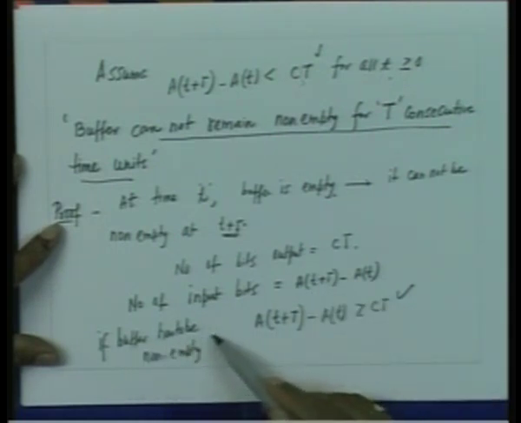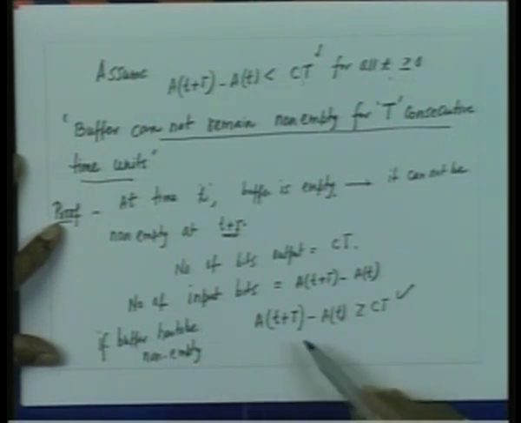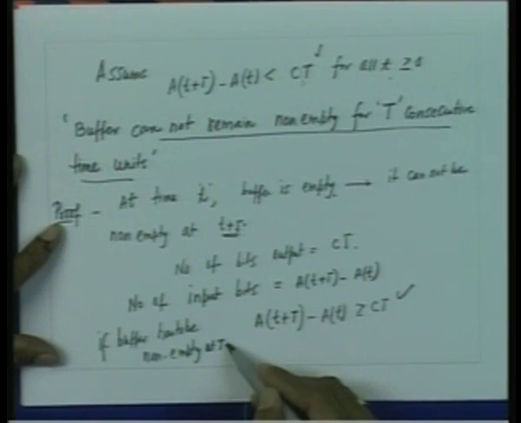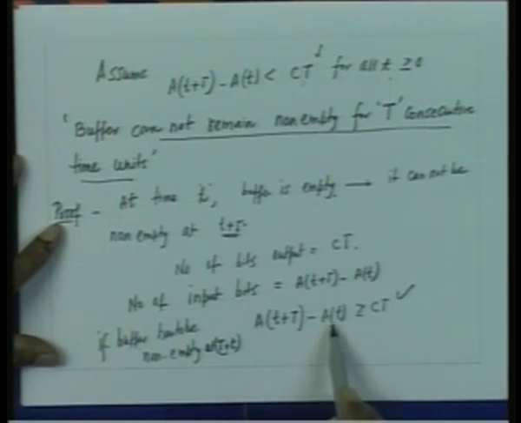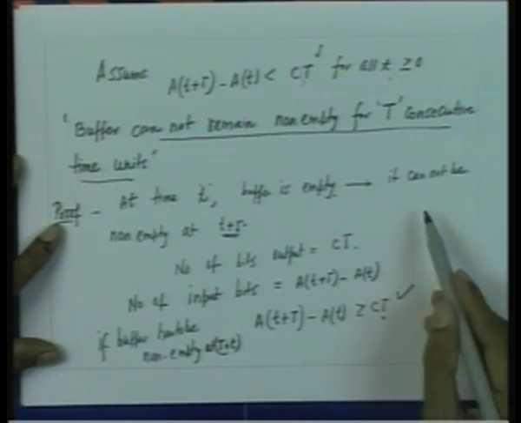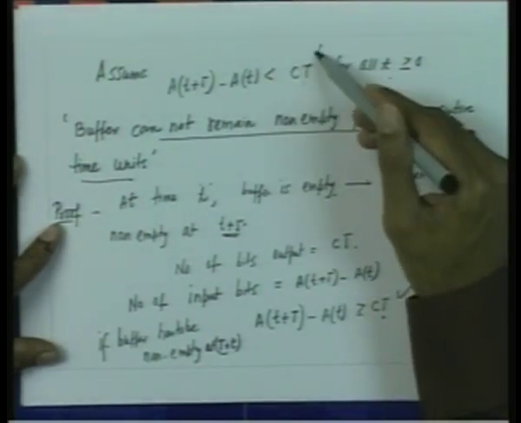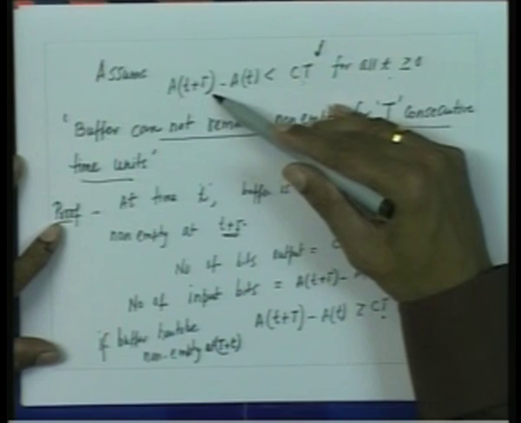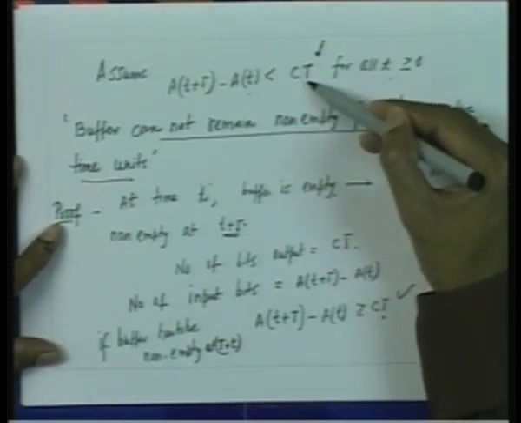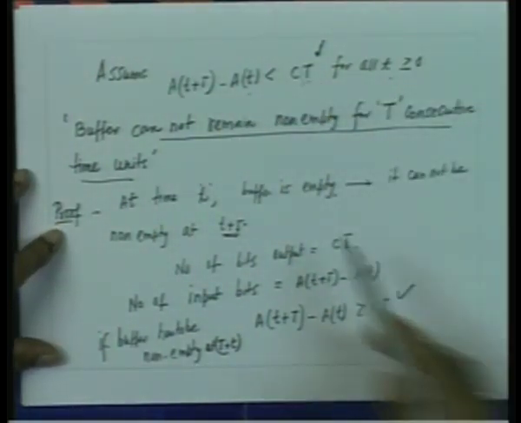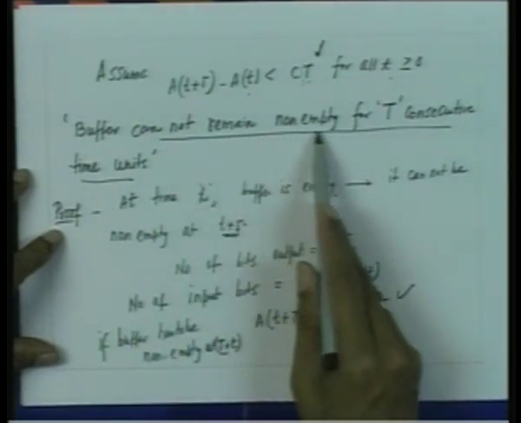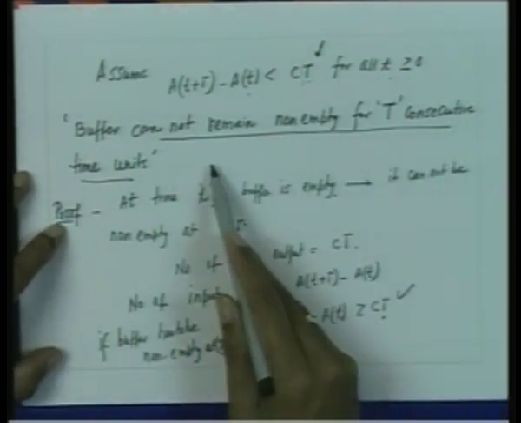If the buffer has to be non-empty at t plus T, then the total number of input bits has to be greater than or equal to C T. But the given is that A(t+T) minus A(t) is less than C T. This is therefore a contradiction, and hence the buffer cannot remain non-empty for capital T consecutive time units.